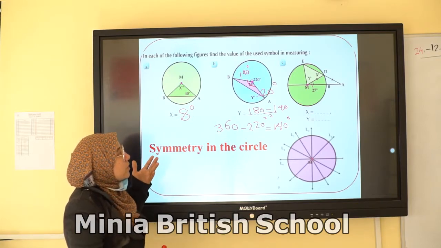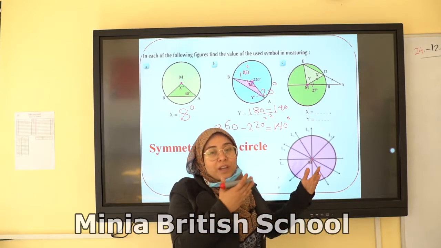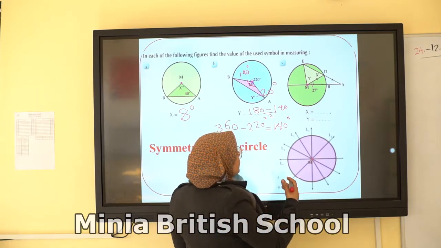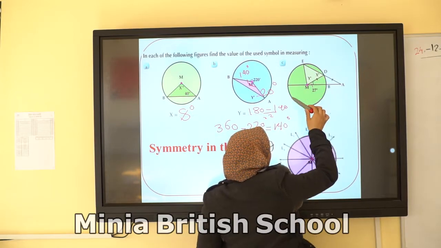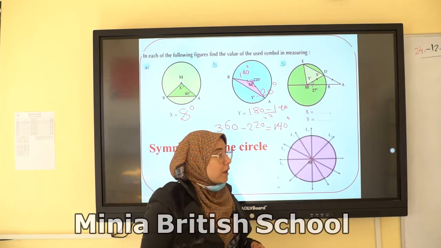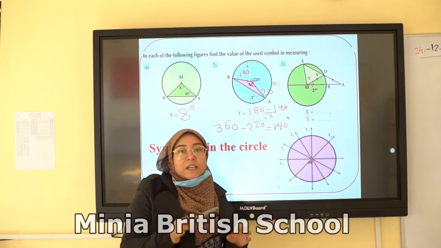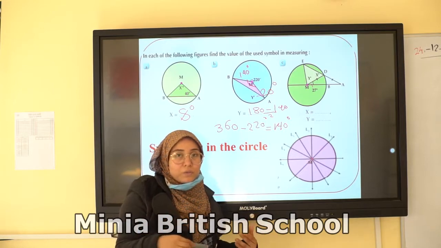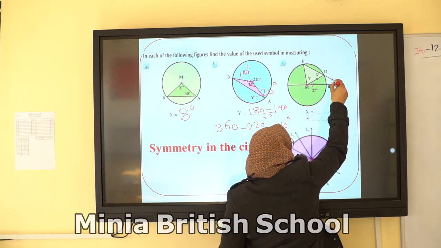Last one, number C. I need to find the measure of angle X and the measure of angle Y. Since DA equals DM and the measure of angle DMA equals 27, therefore the measure of angle A also equals 27.